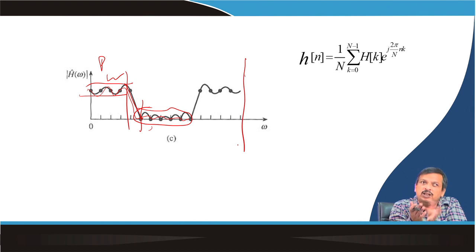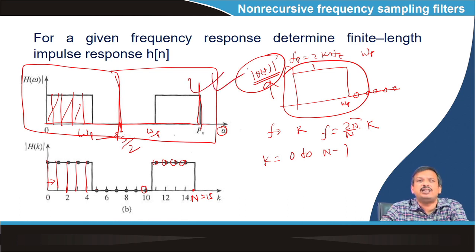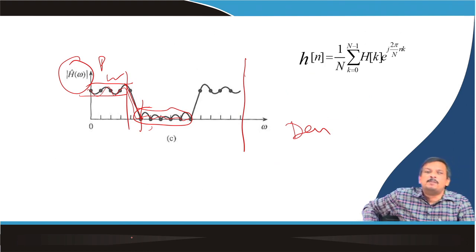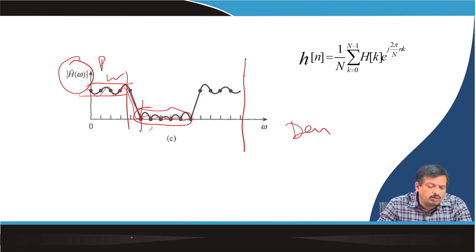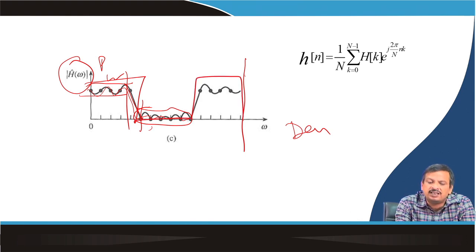This is the magnitude response of the designed filter, and this is the given filter. This is given by the user, and I take the frequency sampling and design the filter. Once I draw the frequency response, I will get this one. Due to the finiteness of the impulse response, instead of this sharp cutoff, it changes to this kind of shape.